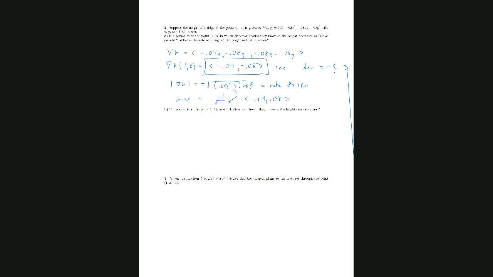I want something whose dot product with this is 0. So it's probably easiest to flip and then change one of the signs. But I might as well make them nicer numbers. If you want to leave it as 0.08 and negative 0.04, that would be okay, but then you're dividing by a kind of nasty thing. Also, there are two directions, because I could also do negative 2 and positive 1.